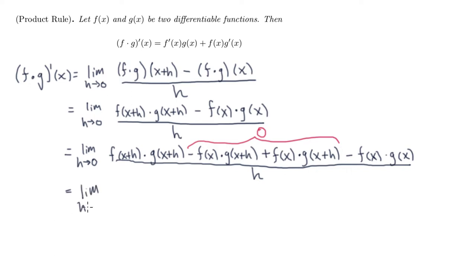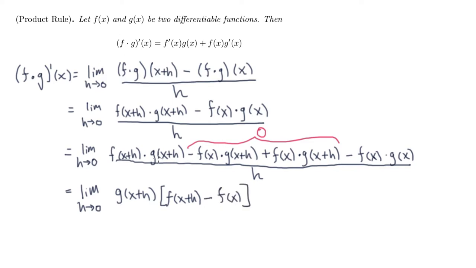Okay, so I'll take the limit as h goes to 0. Now I'll have g of x plus h, and if I factor that out, I'm left with f of x plus h minus f of x.